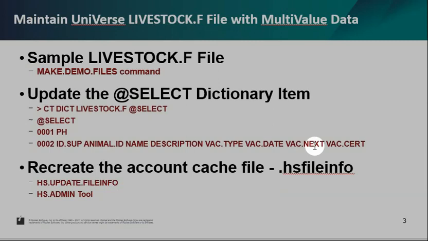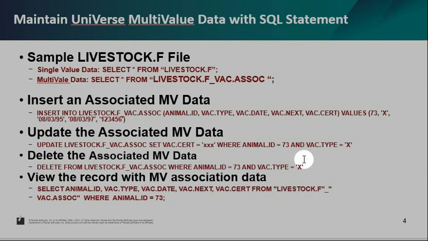In the dictionary, you might just add it like this, a dictionary select. Basically, just create a phrase that includes all the fields, including the multi-value field. After that, you update the file info and run hs.mn to create it.